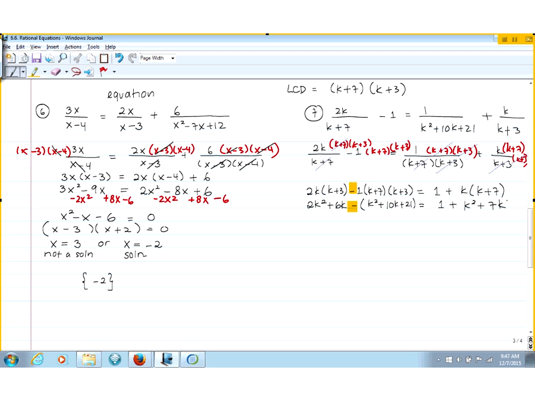All right. So let's distribute. 2k squared plus 6k minus k squared minus 10k minus 21 is equal to 1 plus k squared plus 7k. Okay, then what?